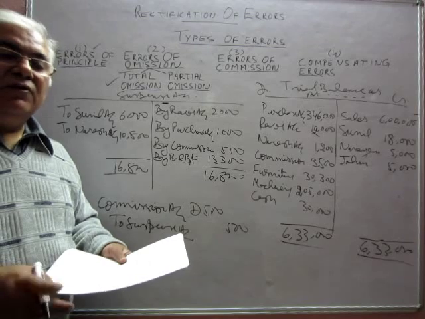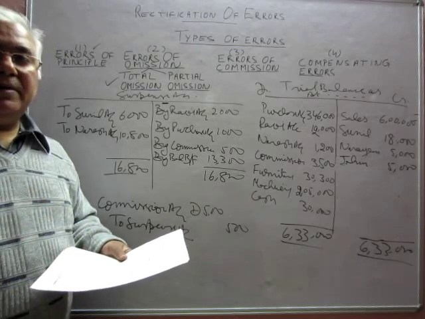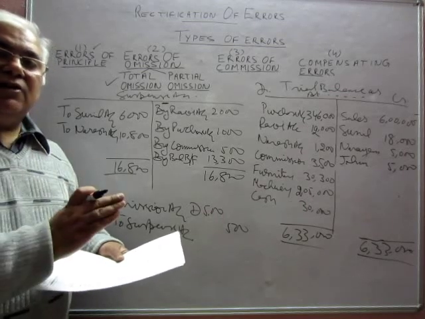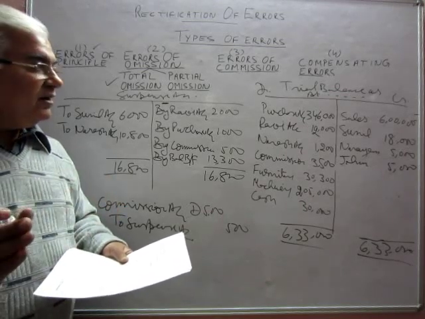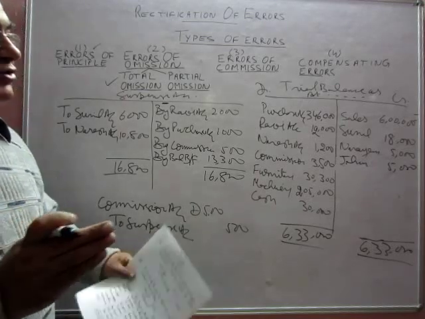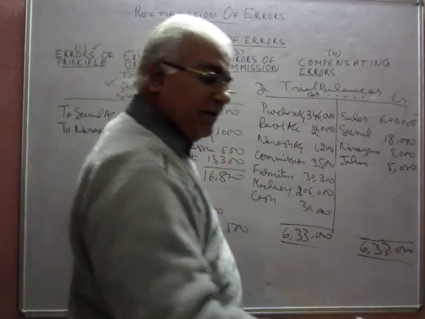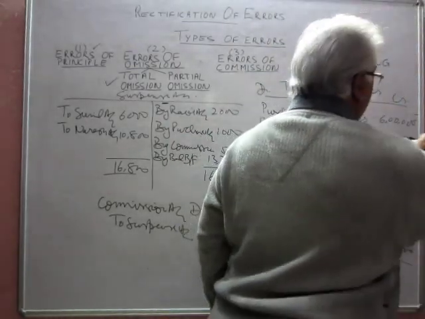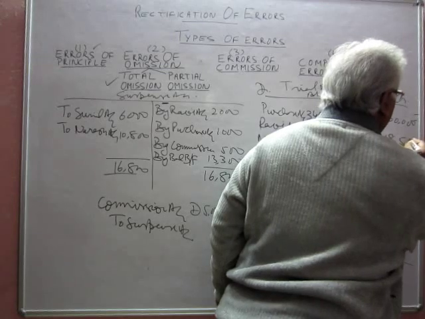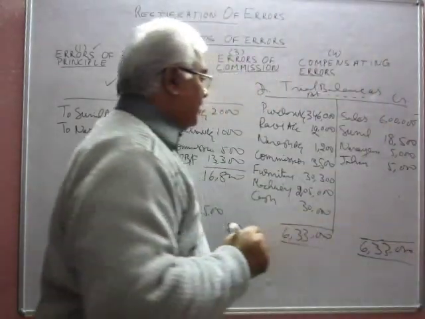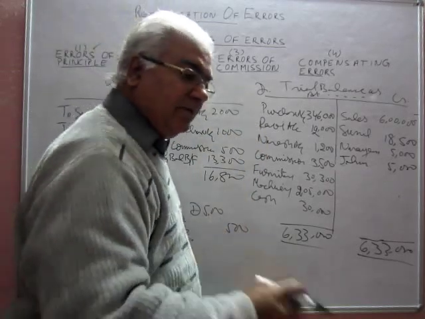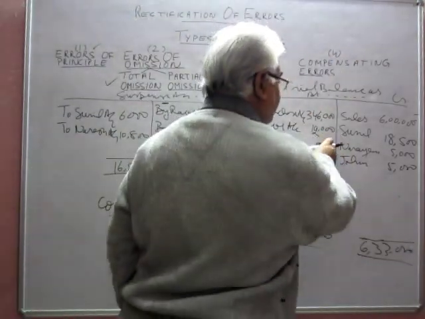So what shall we do? We should credit Sunil and debit the rightful person, that is Naresh. So entry shall be Naresh account debit to Sunil. So Sunil's account will get a further credit of 500. His account, appearing at 18,000, will become 18,500, and Naresh, whose account is appearing at 1200, will become 1700.